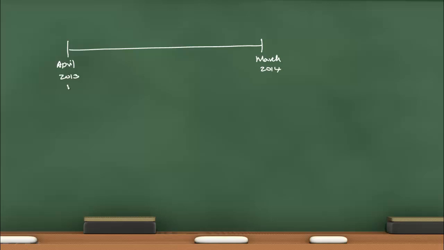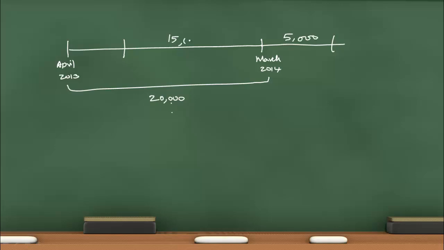Trial balance says for this period insurance has been paid and it is 20,000, whereas the adjustment says there is a prepaid element, that is insurance has been paid for next year also. So the insurance is not actually for this 12 months, it starts somewhere in between and it goes up to next year. So out of this 20,000, 5,000 is for next year and only 15,000 is for current year.